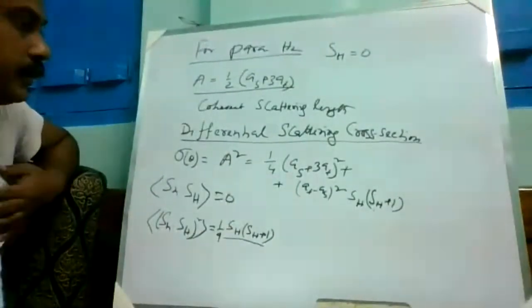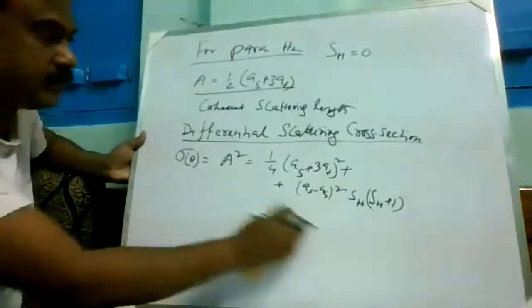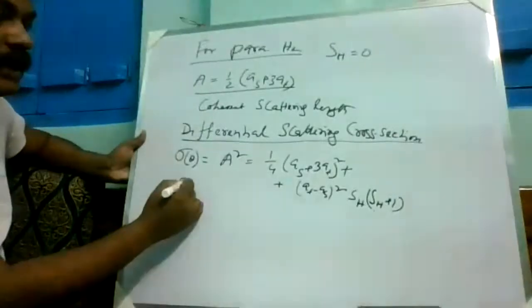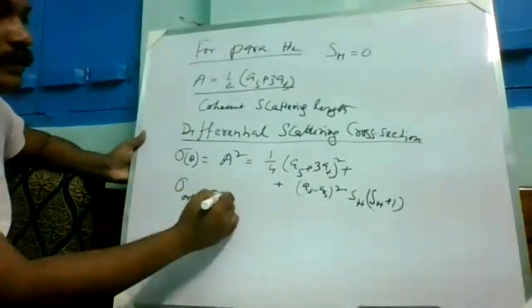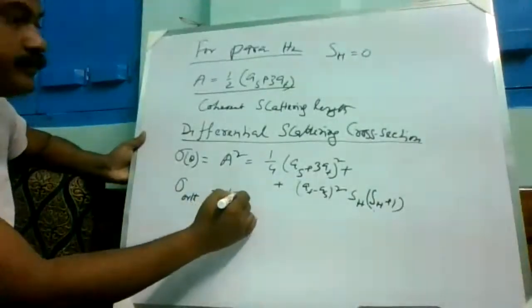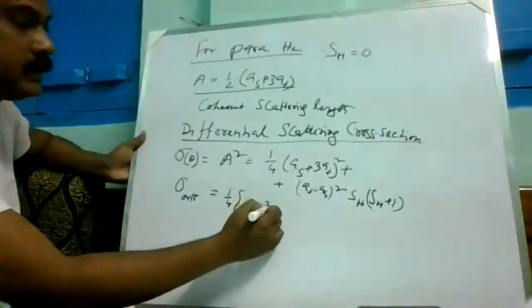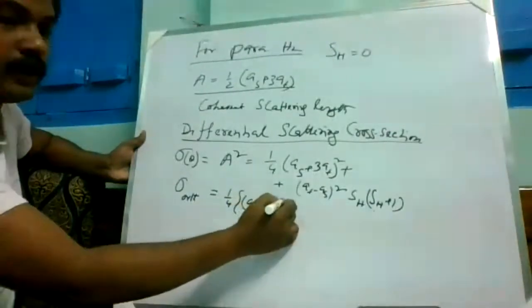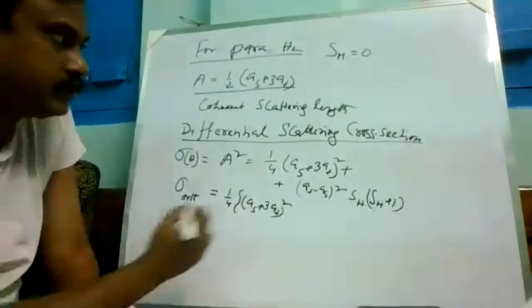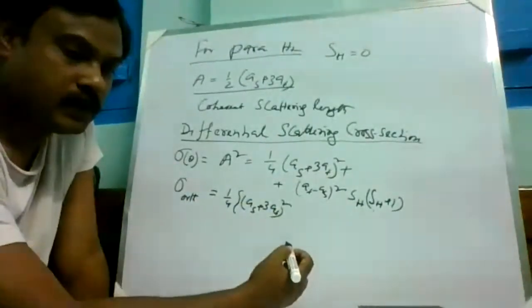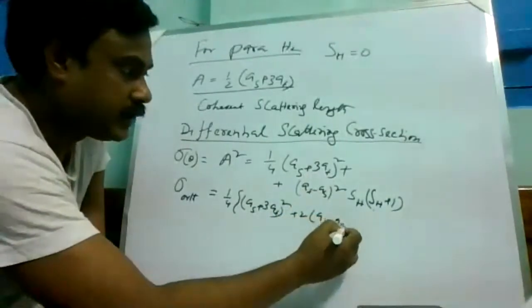Now for ortho and paramolecule, we have to calculate this SH into SH plus 1. So sigma ortho will be equal to 1/4 (AS plus 3AT) whole square, and with SH equal to 1, this will be equal to 2. So it will be equal to 2 times (AT minus AS).